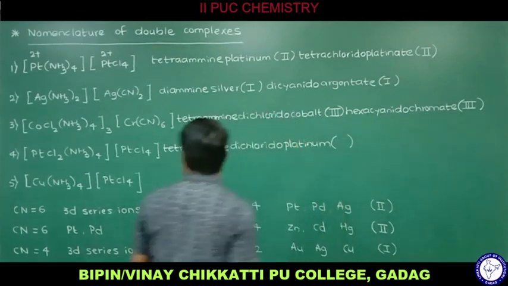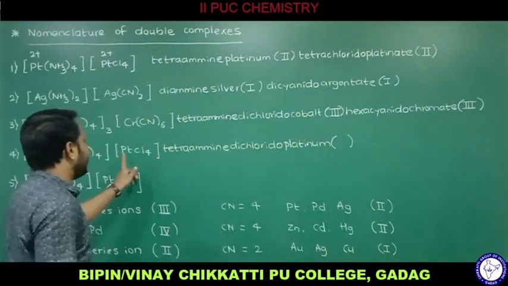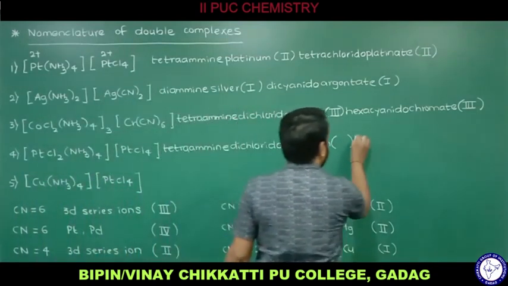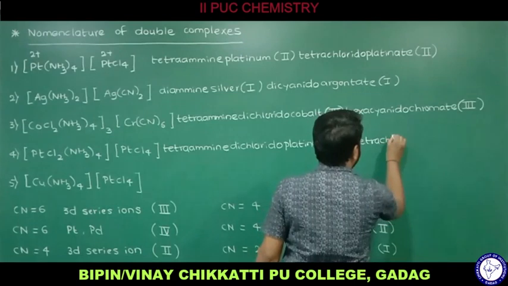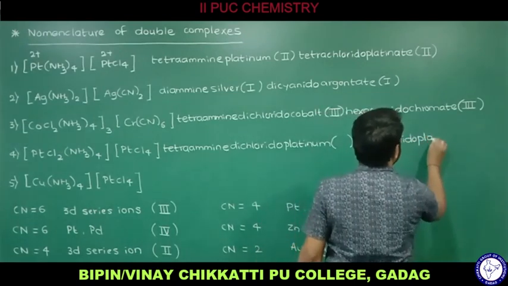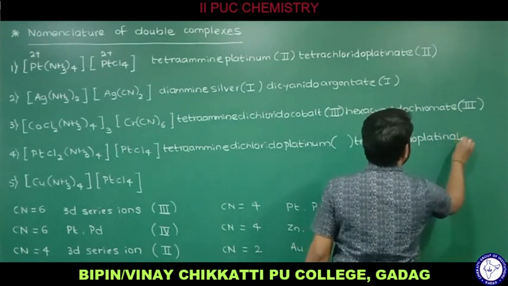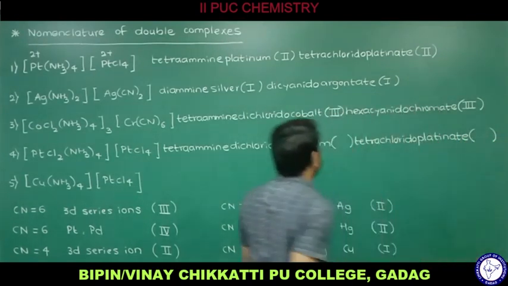We write the oxidation number. And the next species we consider is PtCl6. So hexachloridoplatinate, and we write the respective oxidation number.